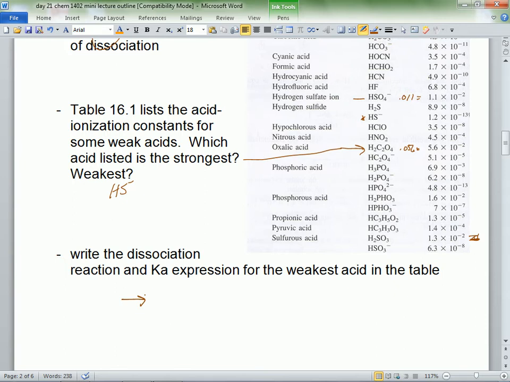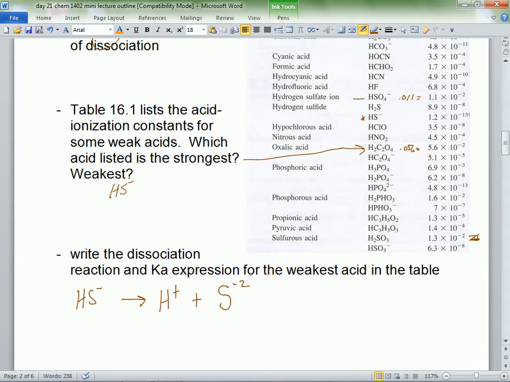And then it's going to be H plus and S with a minus 2. Yeah, because you've got to take away an H plus. It already is a negative, so you take away another plus, and you have minus 2. Did you notice a trick to doing this?